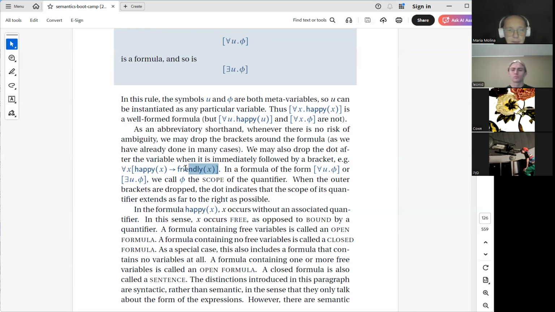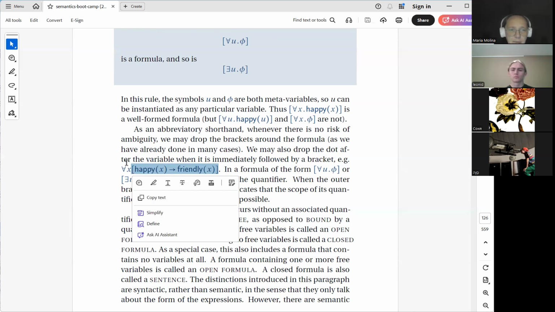And this part that stands after the quantifier is called the scope of the quantifier. Do you remember we discussed the scope of negation? Do you understand what I'm talking about?